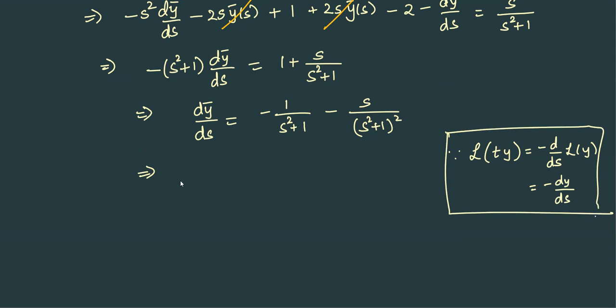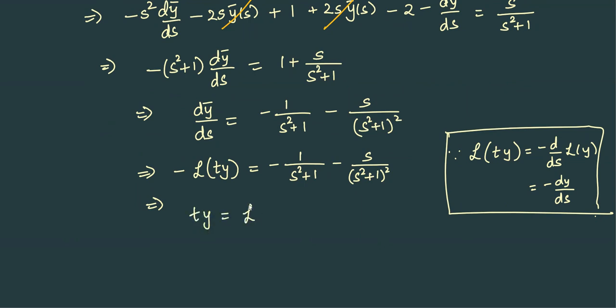So this gives us minus Laplace transform of t times y. So remove the minus sign. Minus multiplied by minus 1 throughout, you'll get plus. And then t times y is Laplace inverse of 1 by s square plus 1 plus Laplace inverse of s by s square plus 1 the whole square.